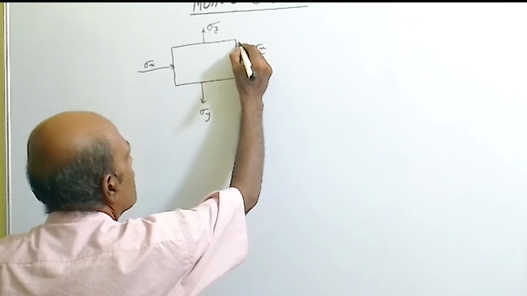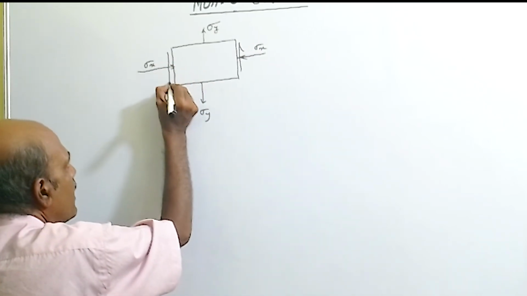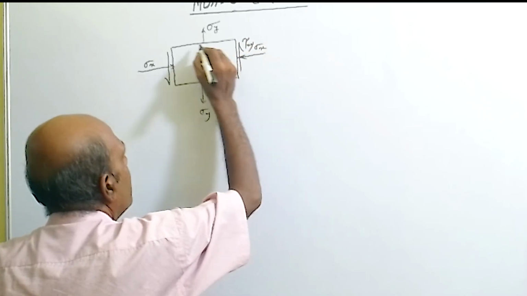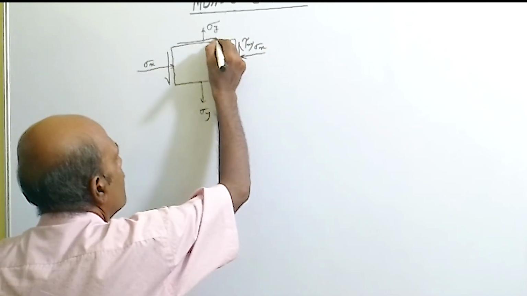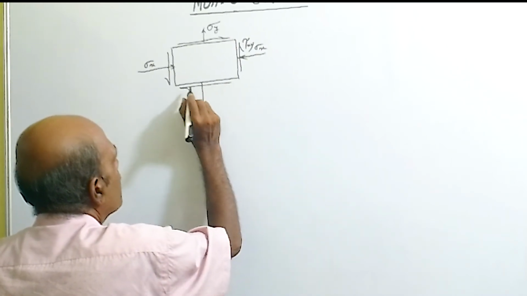Also, along with this, on the x phase, the shear stress acts in an anti-clockwise sense, that is tau xy. So on the y phase it will be clockwise. So we can mark here tau xy.